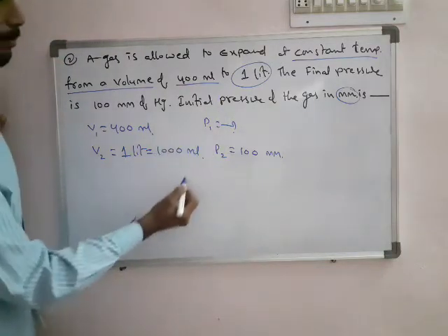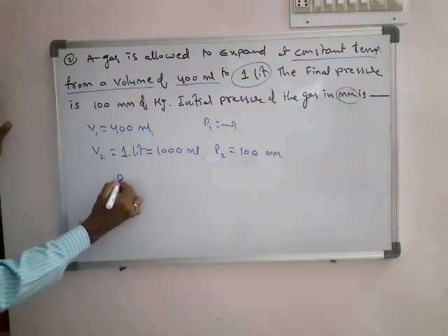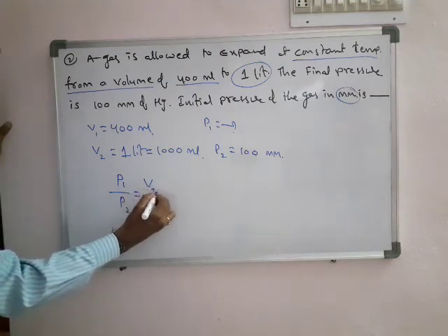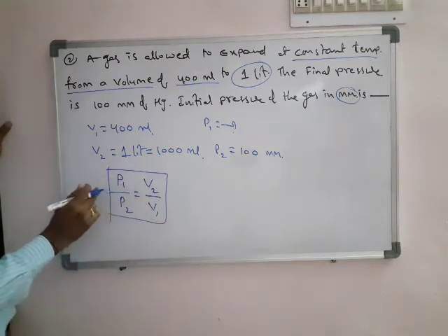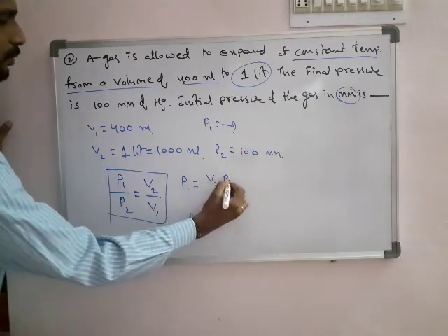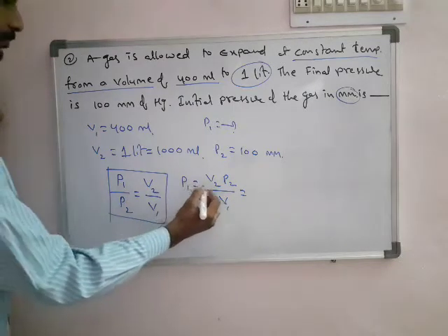So at constant temperature, relation between pressure and volume, what is that? Boyle's law. That is P1 by P2 is equal to, so inversely proportional, therefore we can write V2 by V1. We need to find P1. So P1 equal to V2 P2 by V1. Substitute the values.